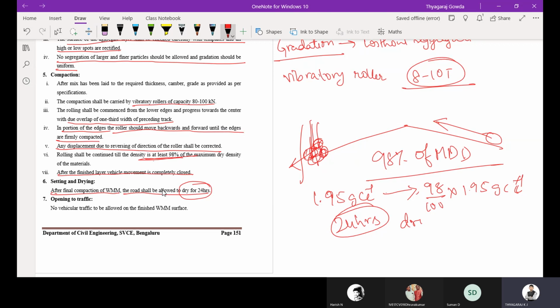But in our Indian condition, after construction, within 2 or 3 hours they open it to traffic, which leads to loss of material. No vehicular traffic is to be allowed on the finished WMM. So you allow it to set and dry for 24 hours, and no vehicle traffic should be allowed over the WMM surface.